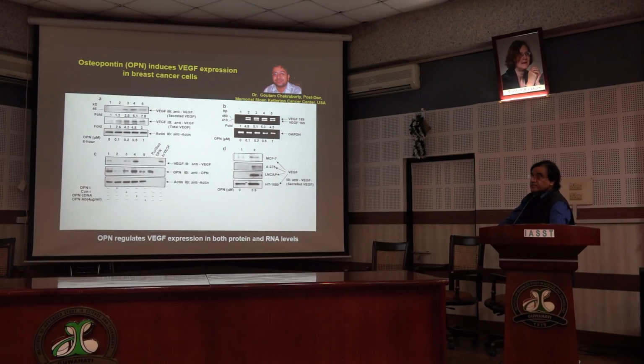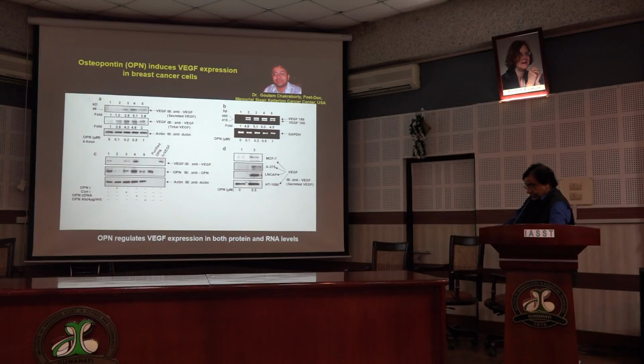VEGF, you know, is a pro-angiogenic molecule, vascular endothelial growth factor. We showed this at the protein level and RNA level, and further validated it by overexpressing osteopontin, silencing osteopontin with siRNA, or blocking osteopontin function using a neutralizing blocking antibody. Yes, osteopontin upregulates VEGF expression.